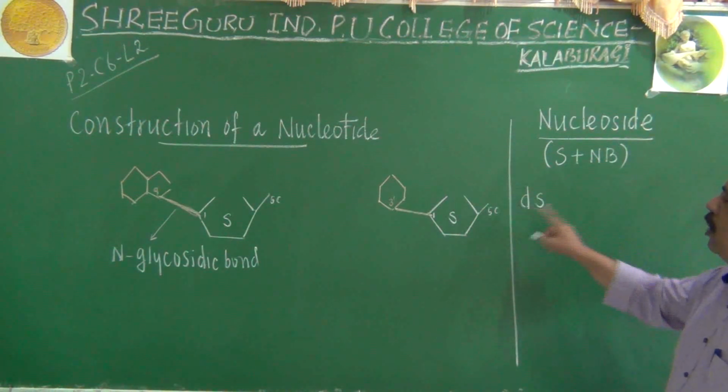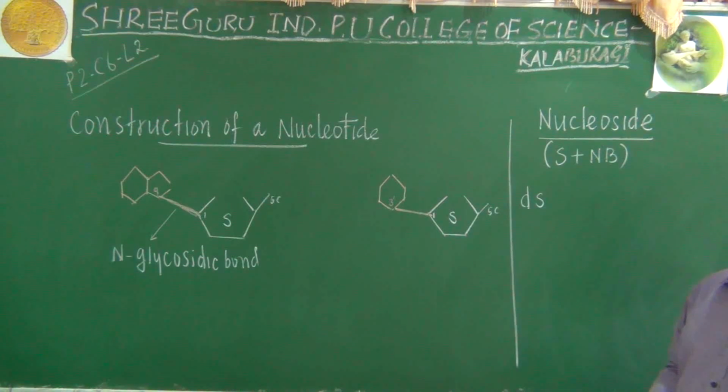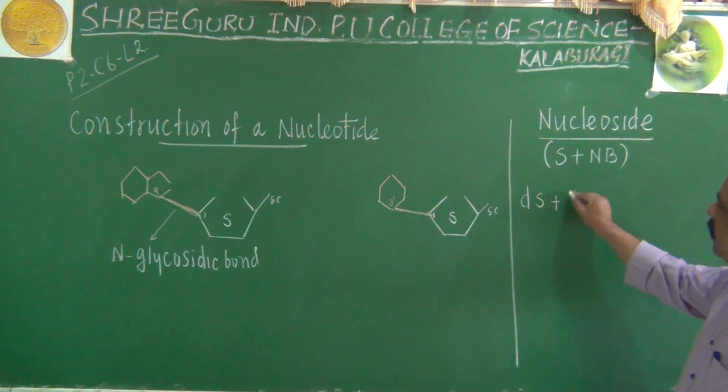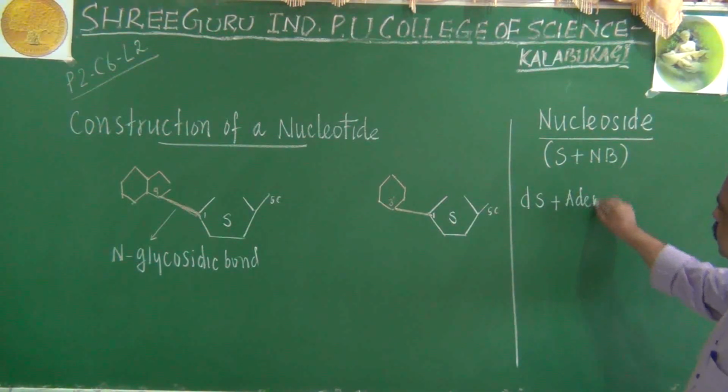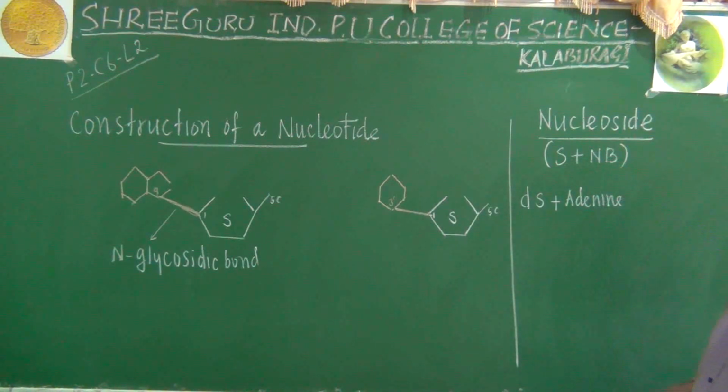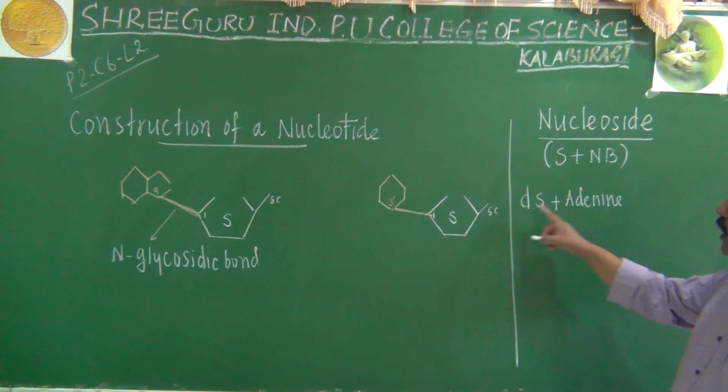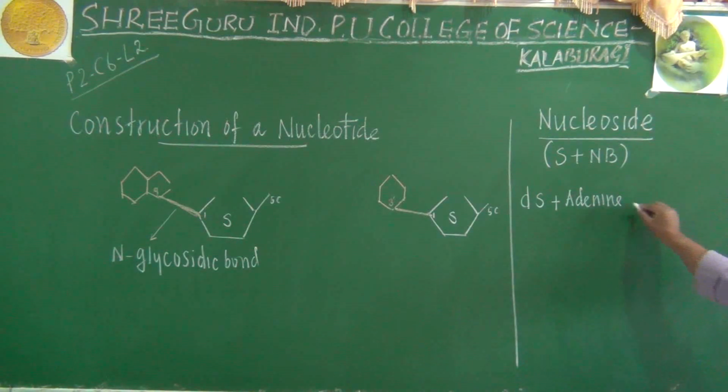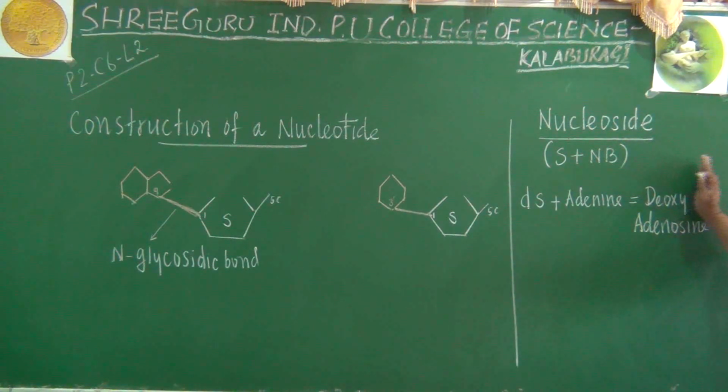I am writing a small d here. It is a deoxyribose sugar. If it joins with adenine, the nitrogen base is adenine. So this adenine plus deoxyribose sugar will give you deoxyadenosine. Deoxyadenosine it will become.